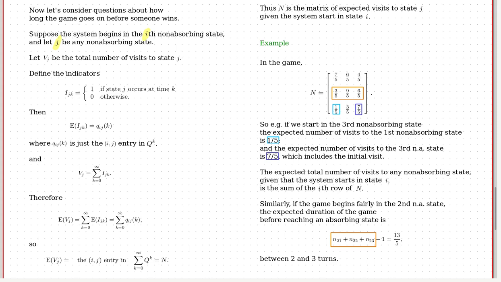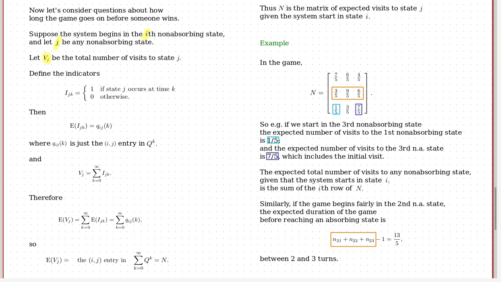And we'll let V sub J be a random variable representing the total number of visits to state J. And the way we'll calculate the expected value of V sub J is by the method of indicators, which is used often in probability theory. I think I mentioned indicators in an earlier video, but they're random variables that only take the values 0 or 1.